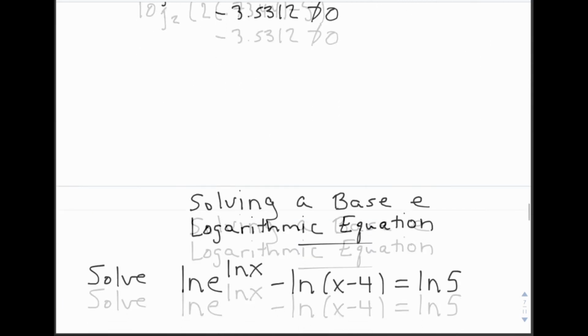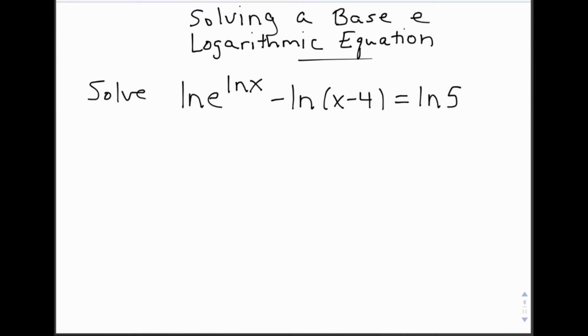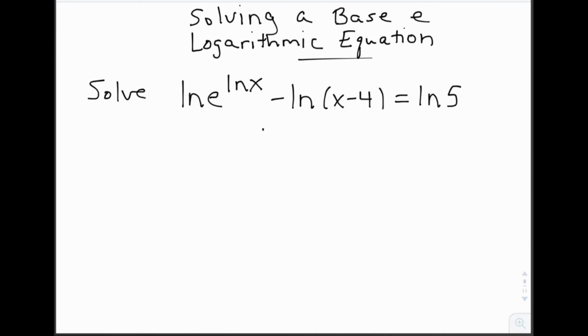Okay, so let's go ahead and look at solving a base e logarithmic equation. First thing we see is that we have some natural logs. So we can go ahead and use our power property to bring that natural log of x out in front.